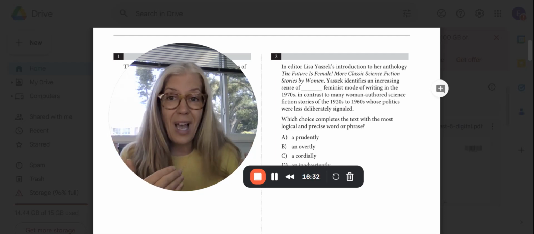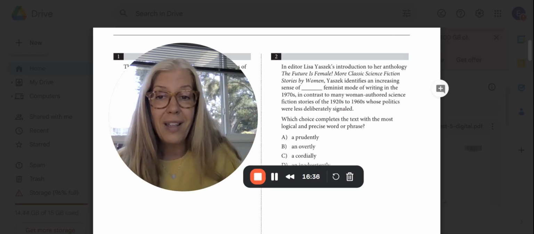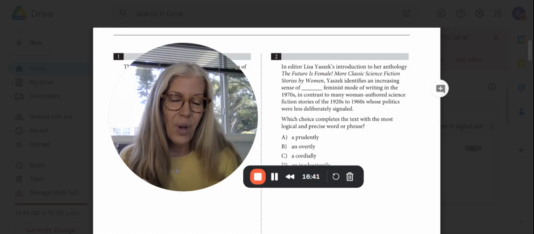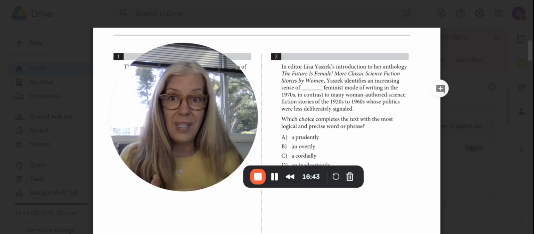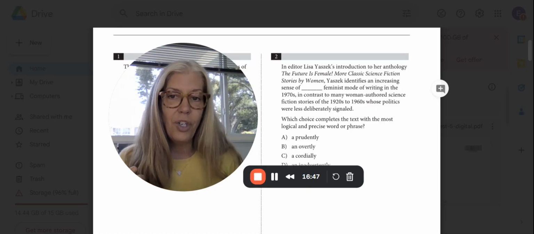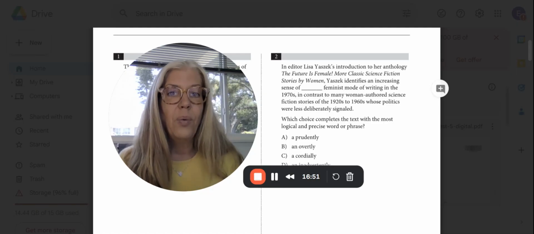Sometimes you don't notice that in a very small reading section like this, they're giving you some information and then shifting you to the opposite side. So on this one, let's see if you can identify where that shift happens. And I will tell you the reason why after we read this.